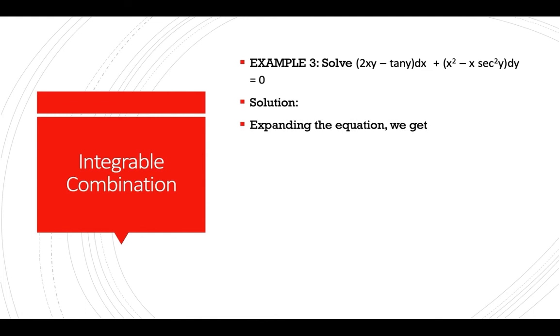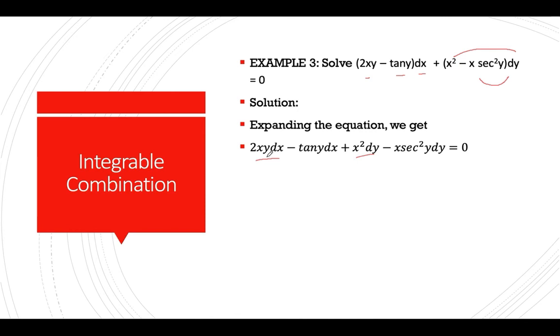So expanding the equation, we get the following: 2xy dx minus tangent y dx, x squared dy, and then minus x secant squared y dy equals 0. And then look for terms that are exact differential. For example, the 2xy dx, x squared dy.